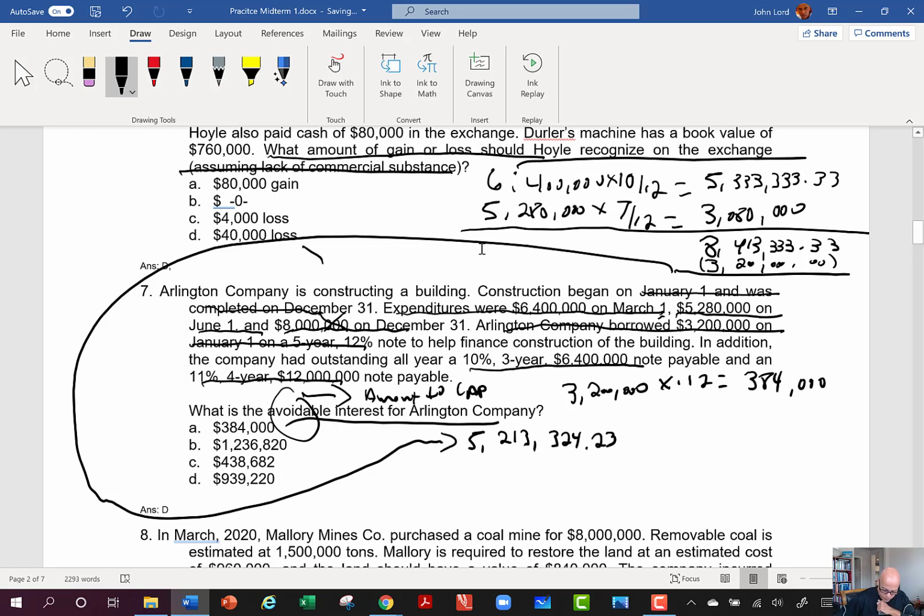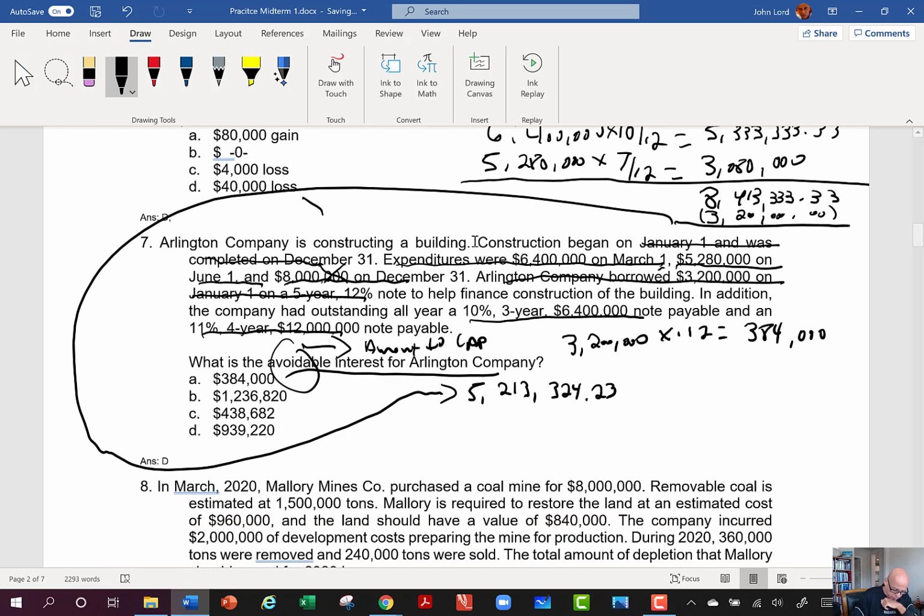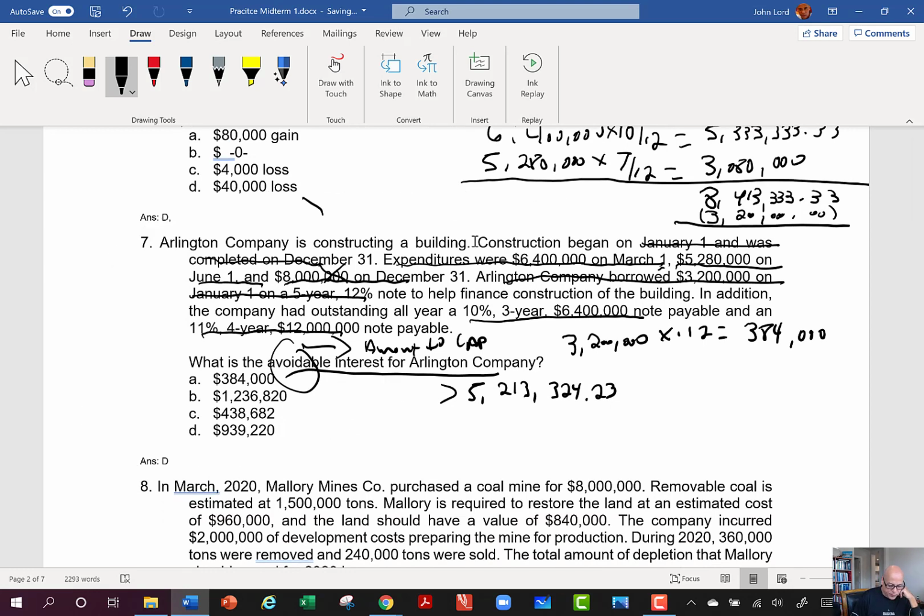Now I come over, let's see where I want to write this. I'll do it right here. $6,400,000 times the 10% interest rate associated with that is $640,000.